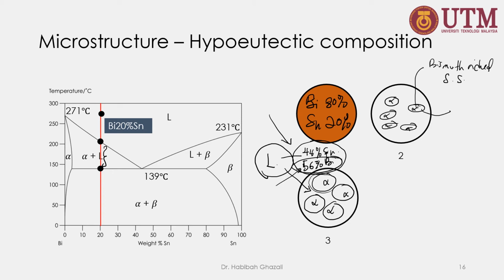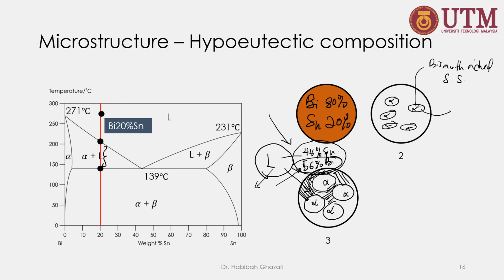At this point, isothermal reaction will happen to this remaining liquid. The remaining liquid will start to transform into a lamellar microstructure of alpha and beta solid solution sitting right next to each other.